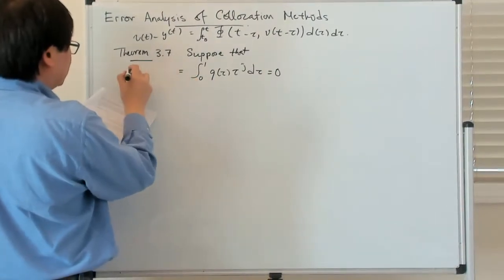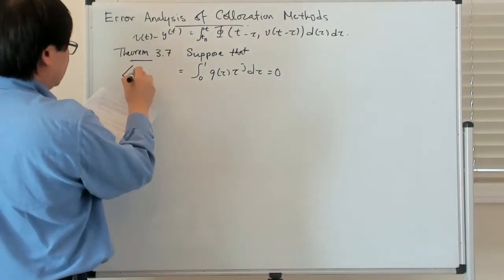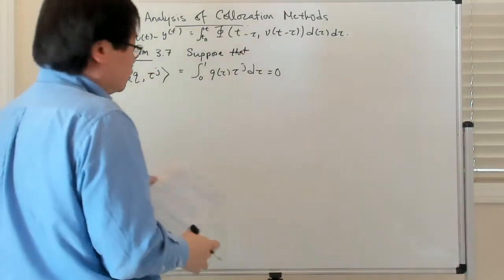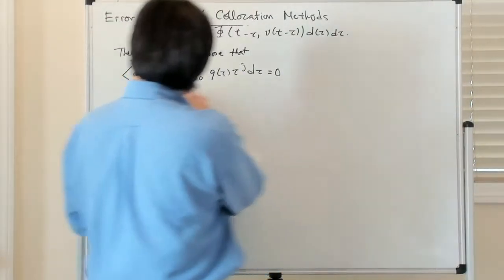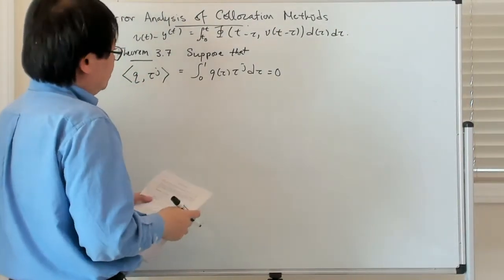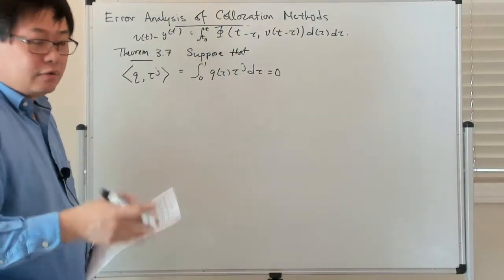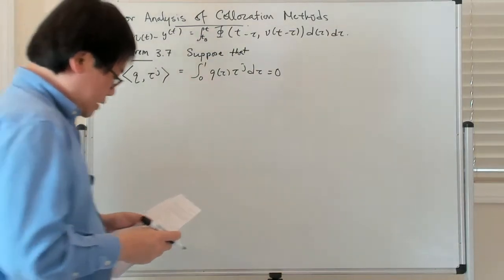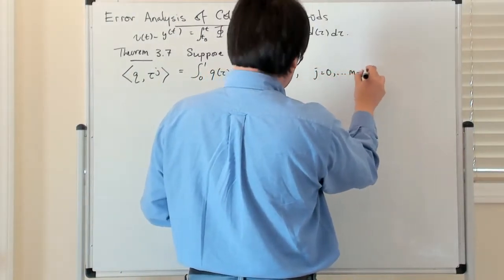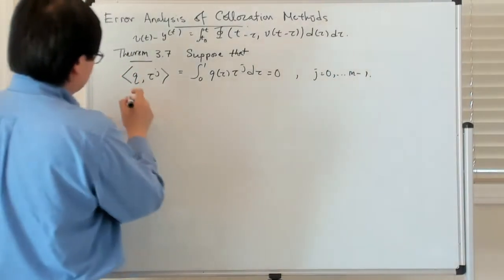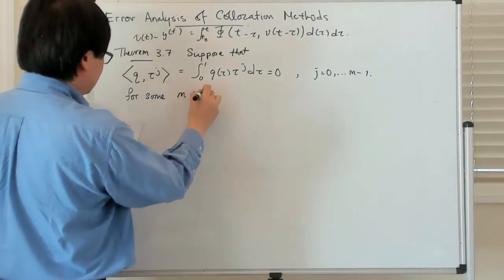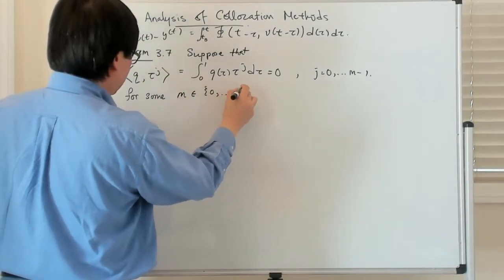Of course, this is nothing more than the inner product between q and tau to the j, for a suitable choice of inner product, and it says that q and tau to the j are orthogonal. We saw this before when looking at the error analysis of, for example, Gauss quadrature methods. And this happens for j equals 0 all the way up to n minus 1, for some m which is in the set from 0 all the way up to s.